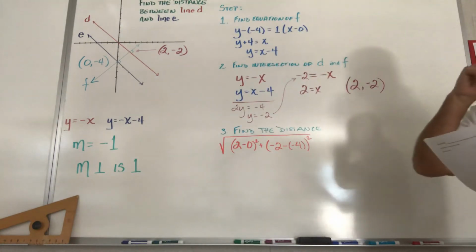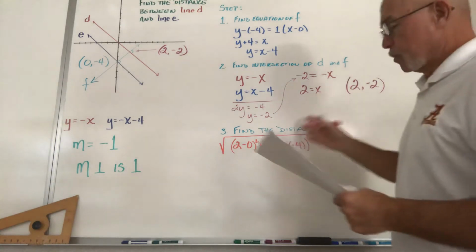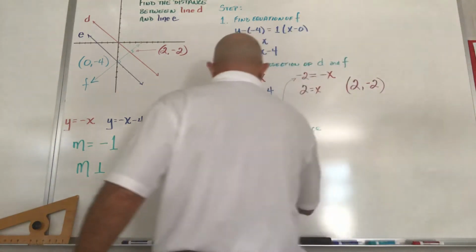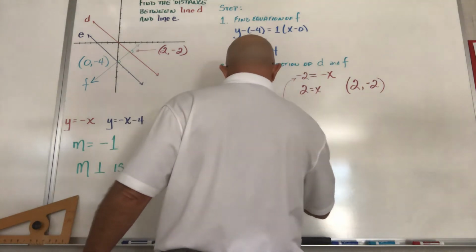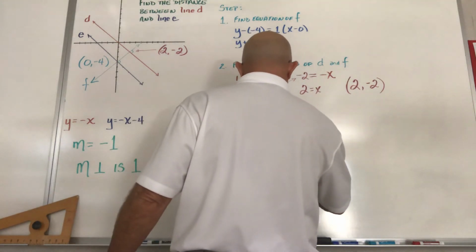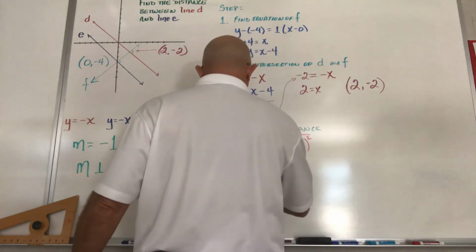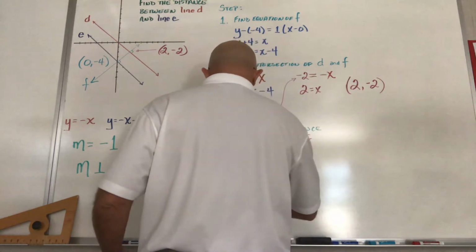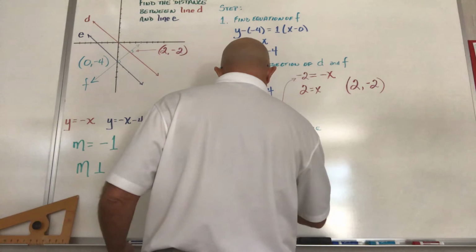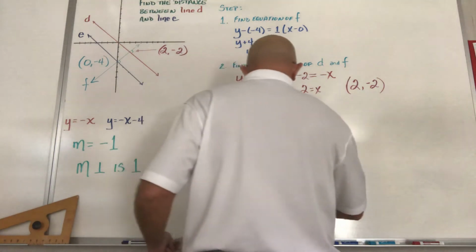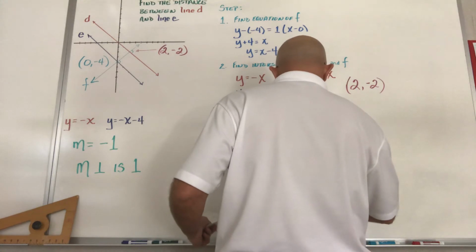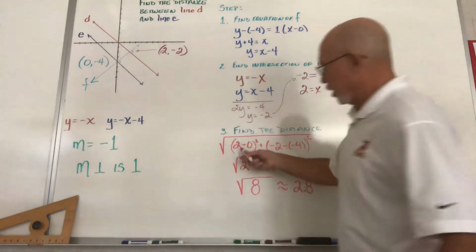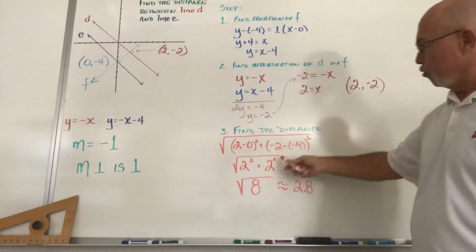Okay, so there we go. We're going to clean this up a little bit. Okay, 2 minus 2 gives me 2.